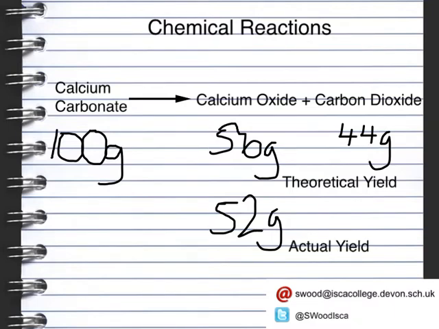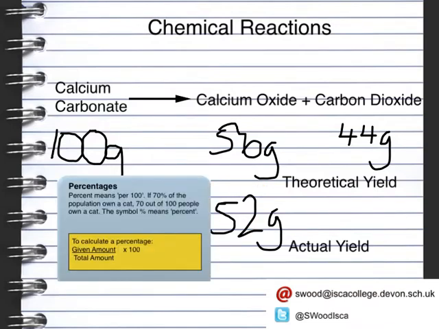Now here we've got the two bits of information. We've got the total that we would expect, and then we've got what we've actually got. So if we refer to our previous picture, we've got the given amount that we've actually got, the actual yield, and then we've got the total amount that we expect to get.